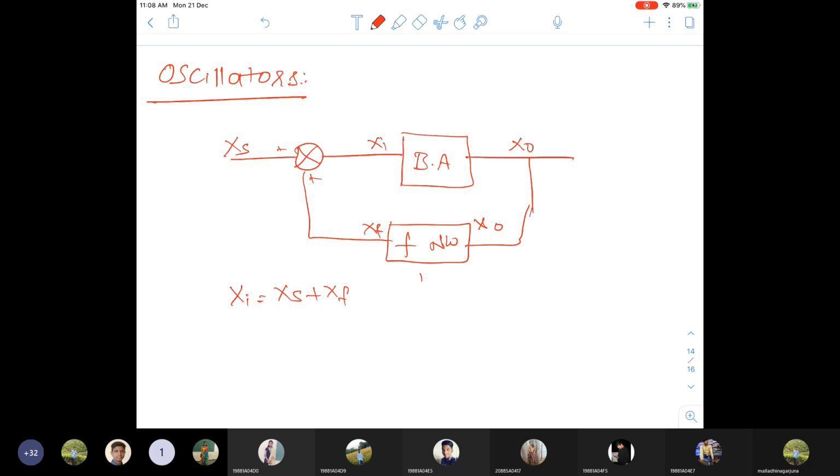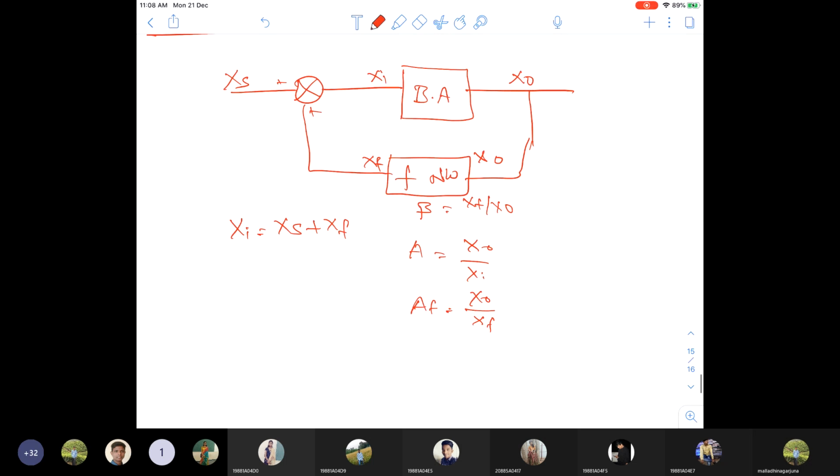Okay. Here the beta ratio is beta, so that is equal to xf by x naught. And a is equal to the same formula, xi by xi, af equal to x naught by xf. Okay, so this is beta, a, af.